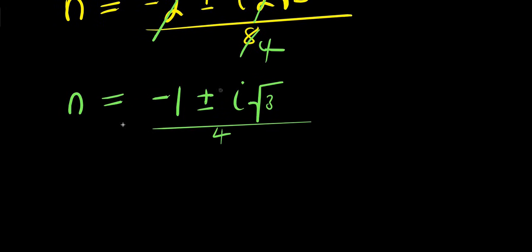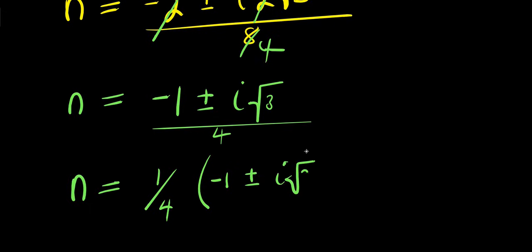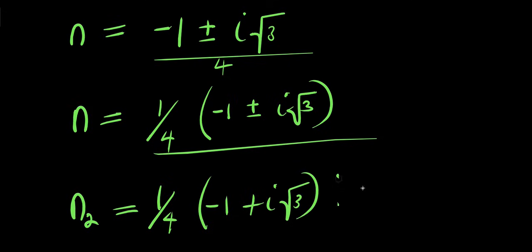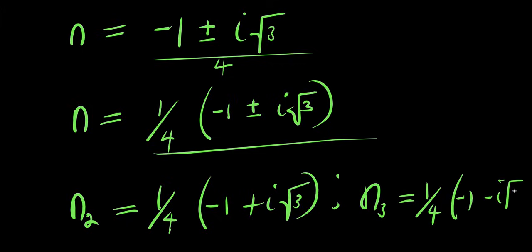So that means we have two complex values for n. We have n equals 1/4 of -1 plus or minus i root 3. Meaning that our n2 equals 1/4 of -1 plus i root 3, and n3 equals 1/4 of -1 minus i root 3.